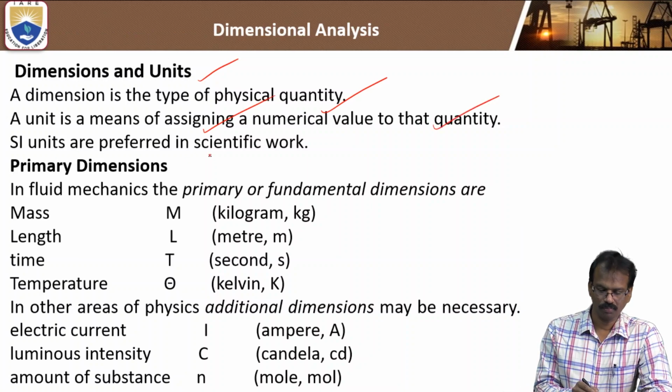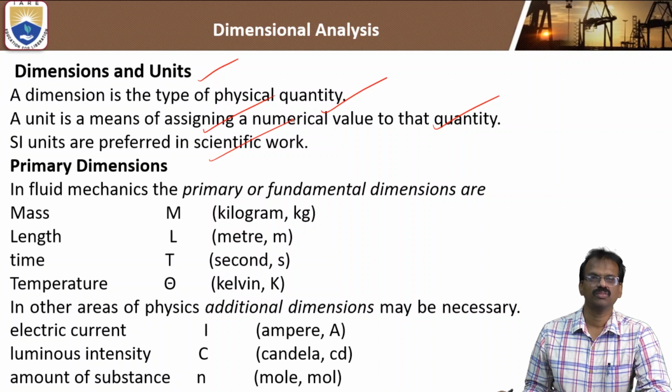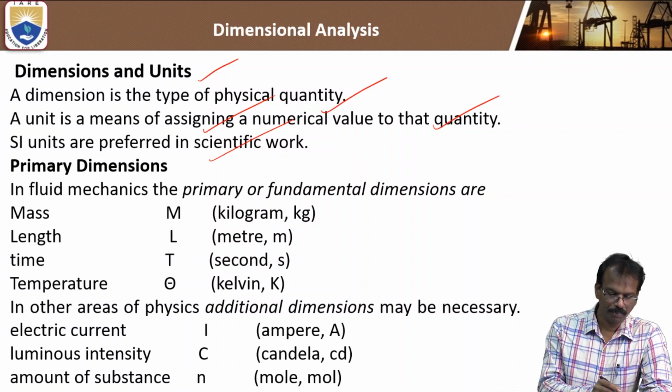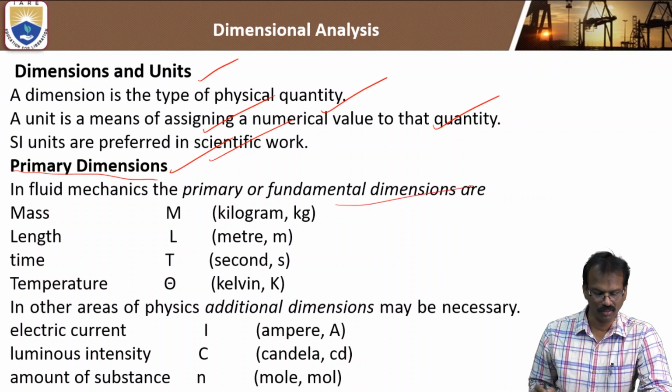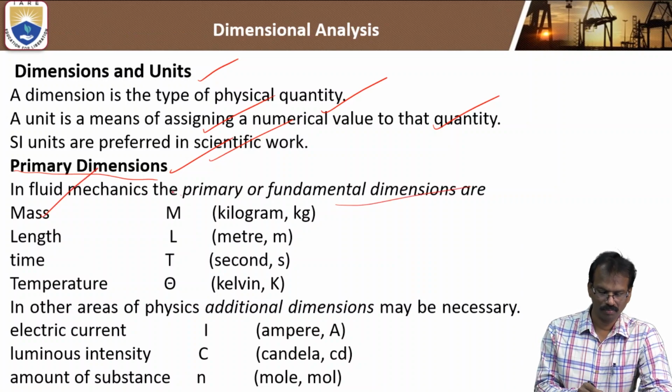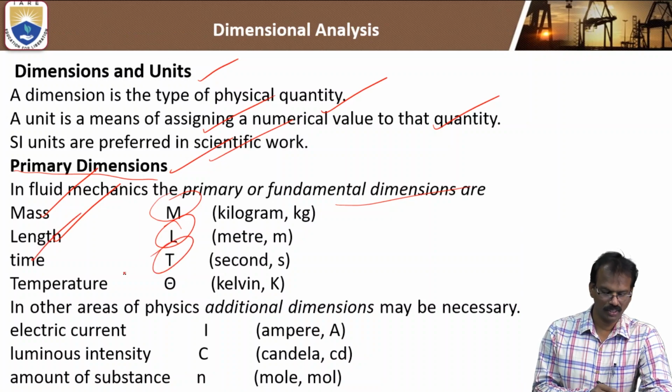SI units are preferred in scientific work. So these are the basics. Now the primary dimensions. In fluid mechanics, the primary fundamental dimensions are, first, mass, represented by M. Length is represented by L. Time is represented by T.